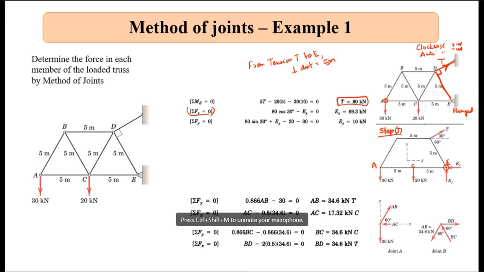See here, along this direction I have Ex, and this is T cos 30. T is 80 kilonewton. So T cos 30 minus Ex is equal to 0. From that, I get the Ex force.